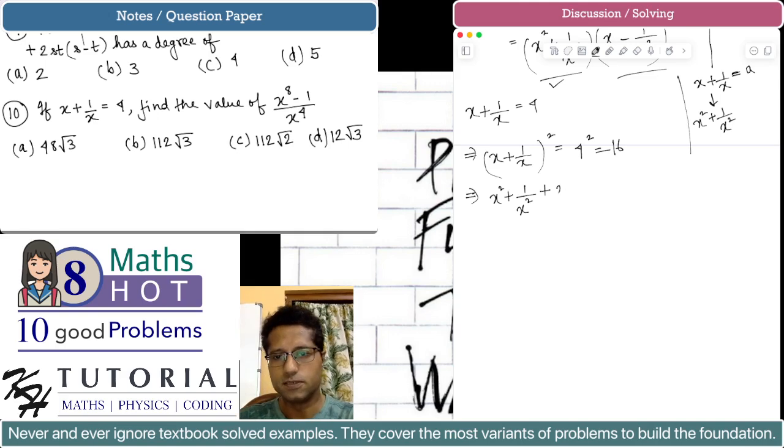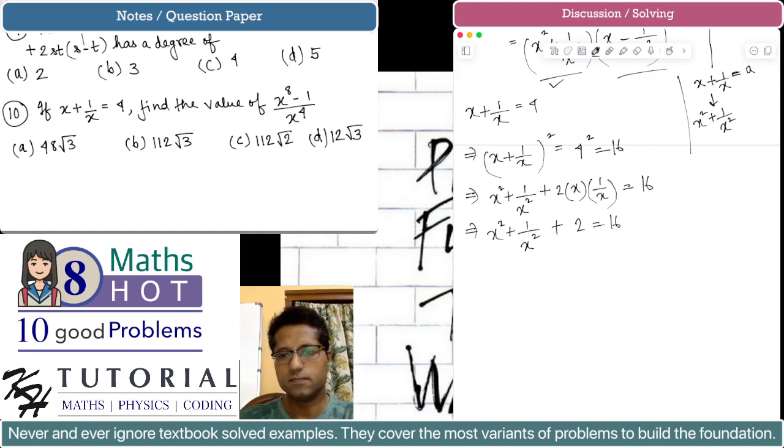Let's do it step by step. So we have x square plus 1 by x square plus 2 equals 16. So this implies x square plus 1 by x square is equal to 16 minus 2, which is equal to 14. Okay, so we have found the value of x square plus 1 by x square.